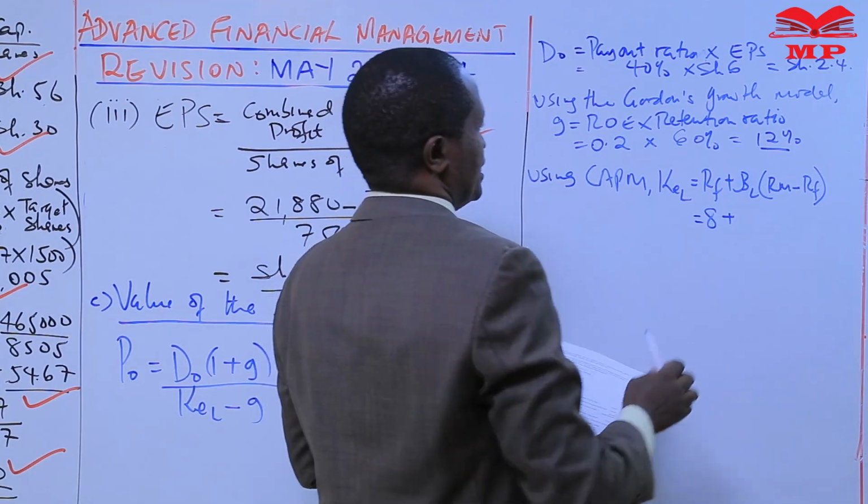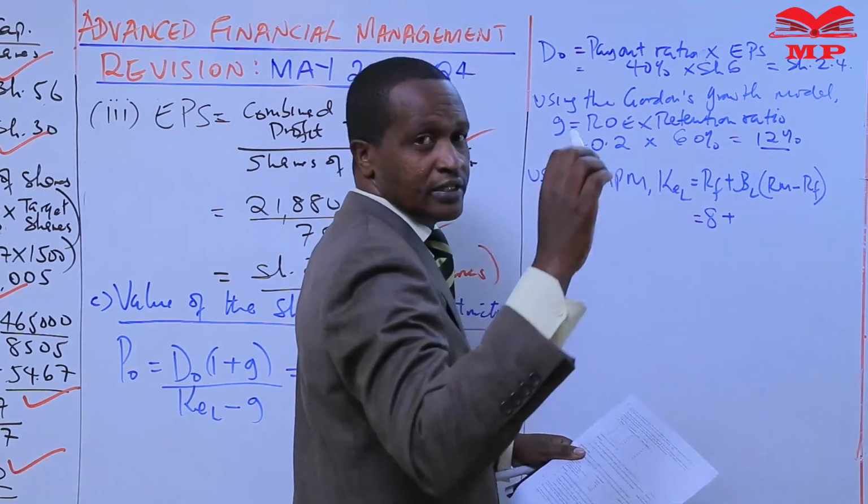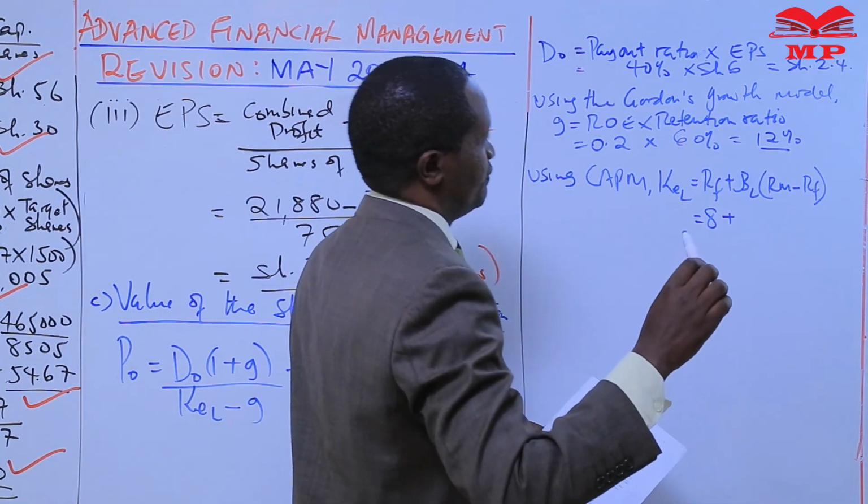So we need to calculate the beta for the levered firm.